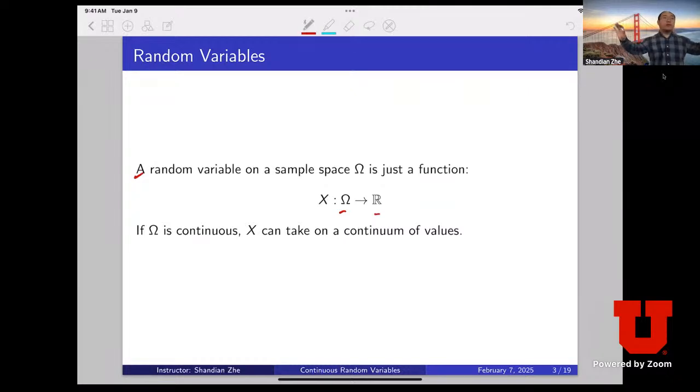You don't need to care about what the outcome really means. What I care about is those mapped numbers, namely the values of the random variable: how do they vary, and how will the change of those values influence the probability, and so on? So we can study some common rules or laws from this mapped space. That's the major motivation of the random variable.